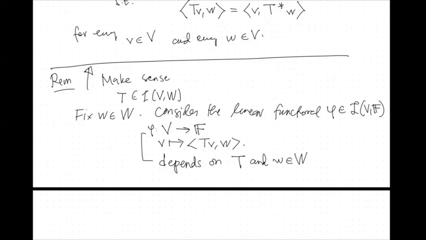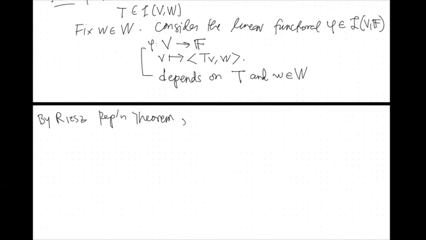Using the Riesz representation theorem, if we have a linear functional, there exists a unique vector, say m, in V such that this linear functional is given by the inner product.